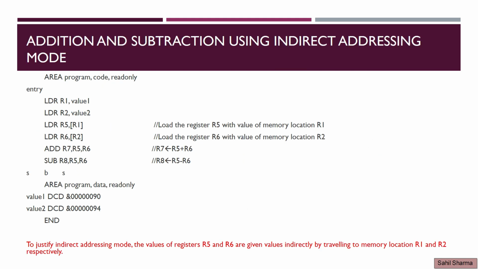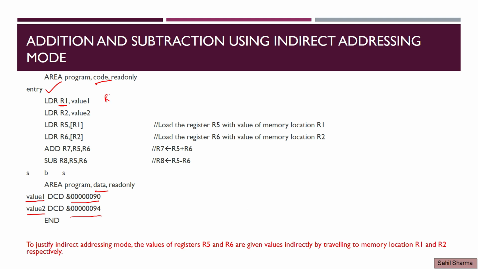For indirect addressing mode, there are two sections, code and data. At entry point, the execution starts, and from data section, value 1 and value 2 hold the same values as in direct addressing mode, 90 and 94. So here we want to first initialize R1 with value 1.